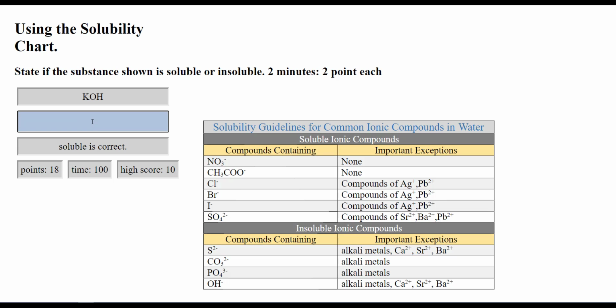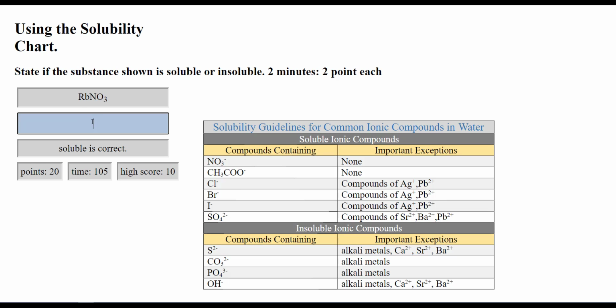Hydroxides, not soluble, but in the case with potassium, they are. So again, it's soluble. Rubidium's an alkali metal, and the nitrates don't have any exceptions. They're always soluble, so that one's going to be soluble. How about bromides? No exceptions with magnesium, so we're with soluble again. I think you get the idea. I don't have to go any further.